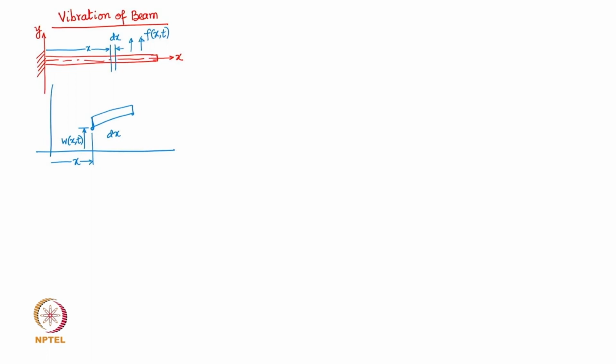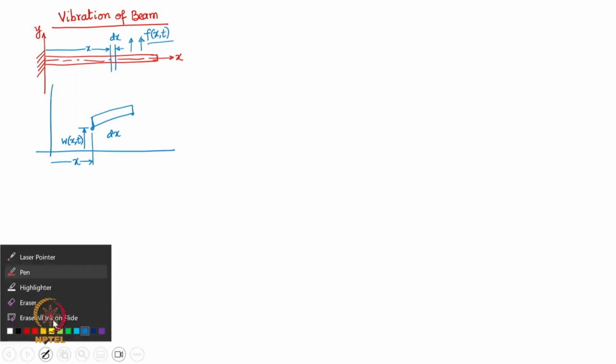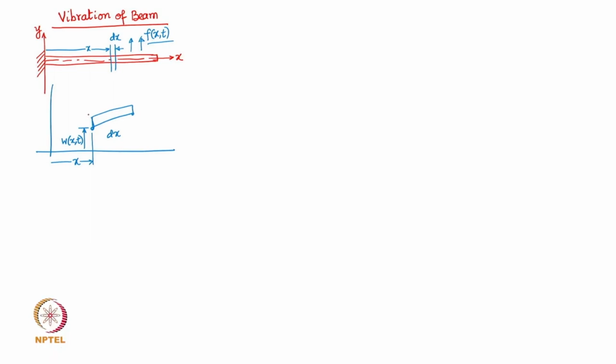Now, apart from this external force, of course, there are internal forces which are set up on this element, which we shall define here. This is basically the shear force V at position x, and the corresponding bending moment M here, and the bending moment at the other side is going to be slightly different than on the left side.